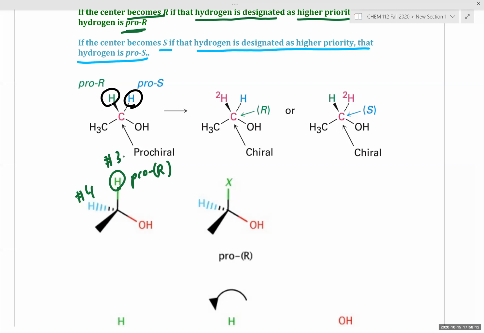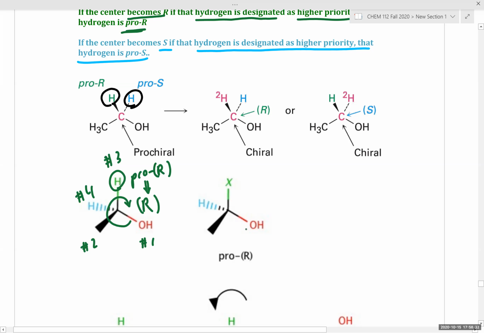So if your group is pro-R, you're arbitrarily designating one of your groups as higher priority, and as a consequence of this priority assignment, when we look at the stereochemistry, our stereocenter would be assigned as R, right?